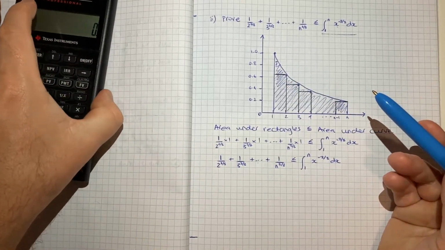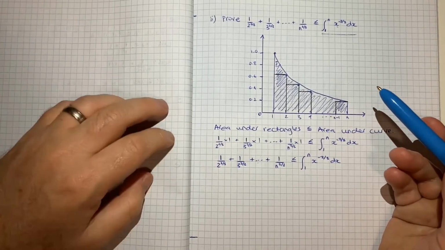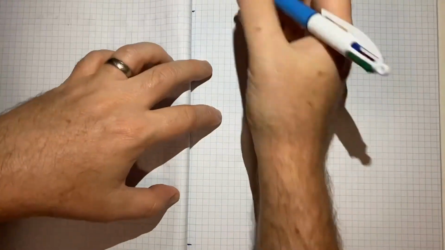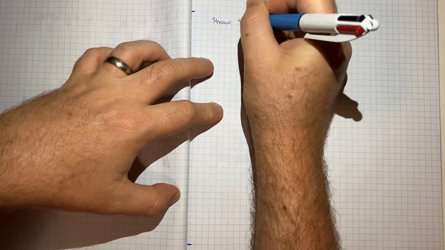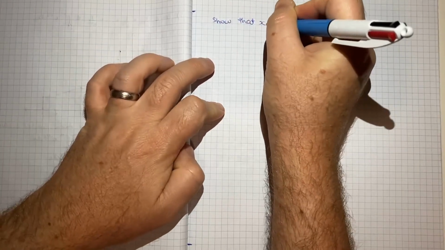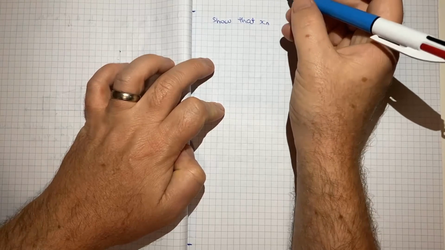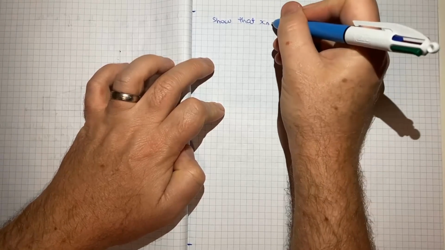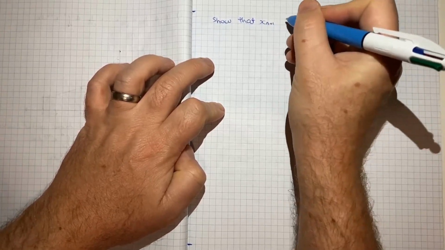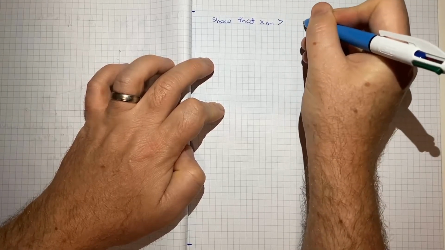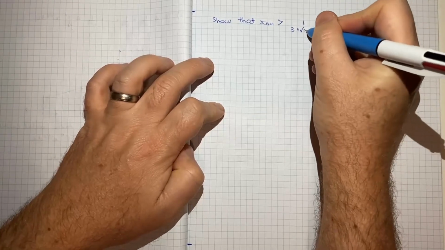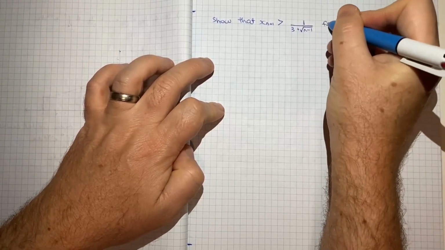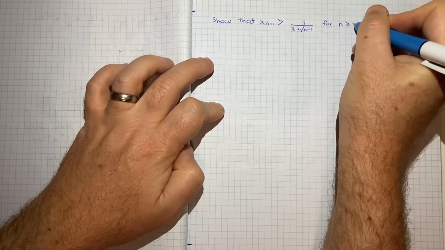Now that's only the first part of this question. The second part was to show that x_(n+1) is greater than 1 on 3 times the cubed root of n minus 1, for n greater than or equal to 2.